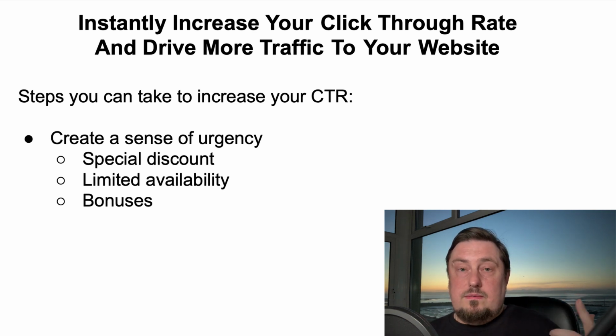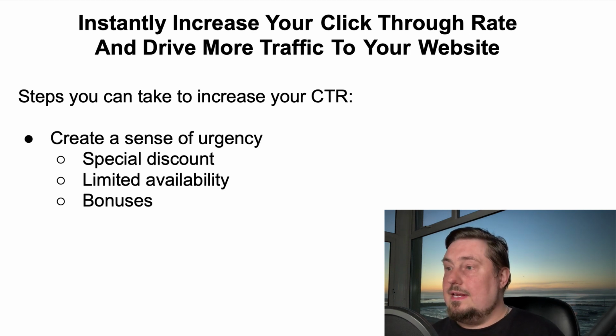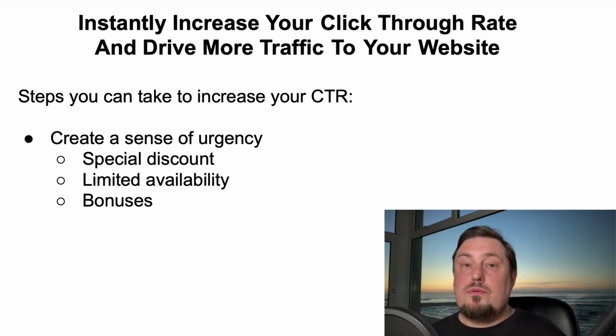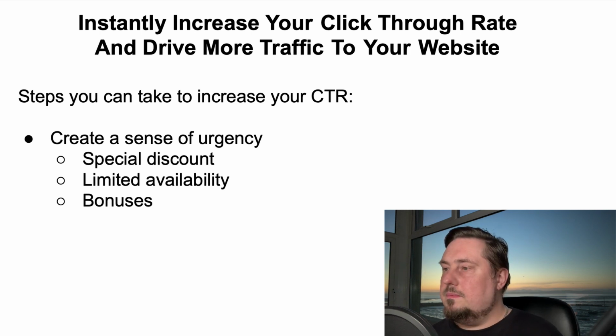So to make things fair to my customers, I do limit availability, and that means I give everyone the attention that they deserve so they can get the results that they want. So you can mix and match all these, or do a combo of all three. So you can make that really clear in your headline and in your title, so you get that fast click. People click without thinking about it too much.